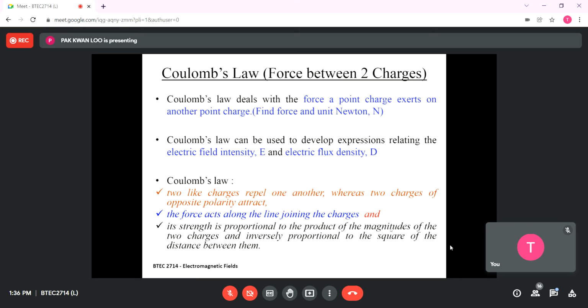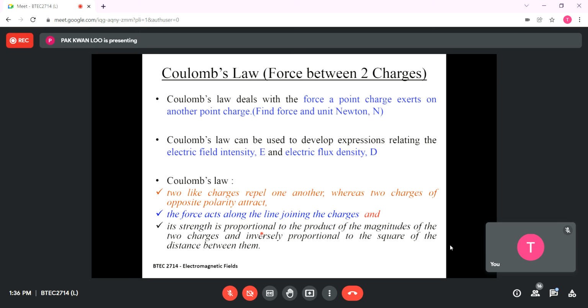The subsequent expressions that we can derive from Coulomb's law are the electric field and the electric field intensity, which we refer to as E, and also the electric flux density, D. Okay, and of course, subsequently, E and D are related.